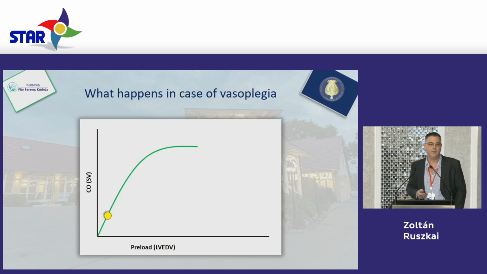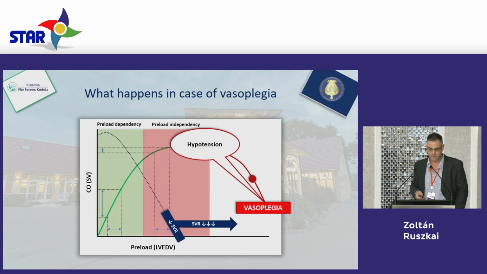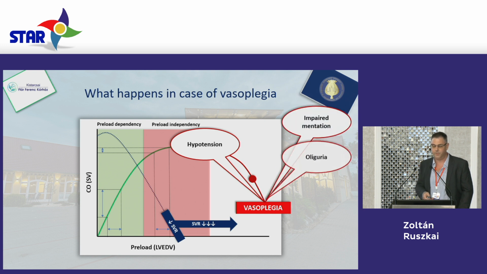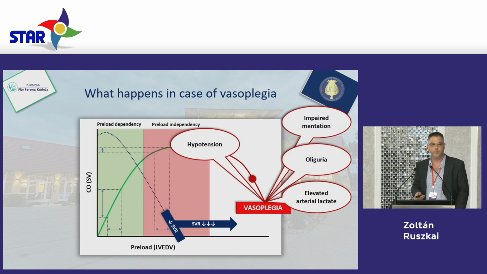But what happens if the patient is on this part of the curve, because if the afterload decreases extremely, and the patient reaches vasoplegia, we will see a hypotensive patient with impaired mental state, oliguria, and elevated arterial lactate levels.